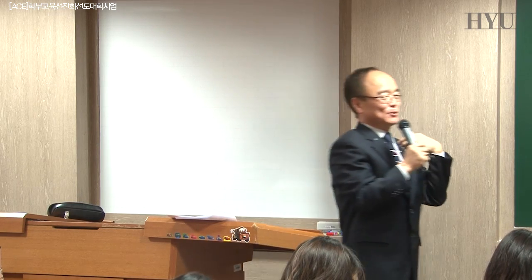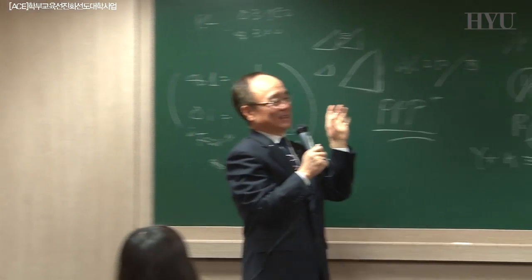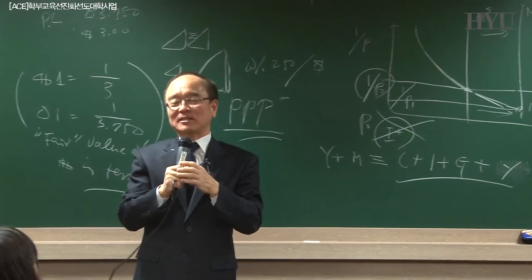Okay. Monetary neutrality, money doesn't affect the real thing. In the real world, what really matters is real thing or nominal thing. Real thing. Okay. How many goods you consume, not monetary value. So it doesn't matter actually, right?